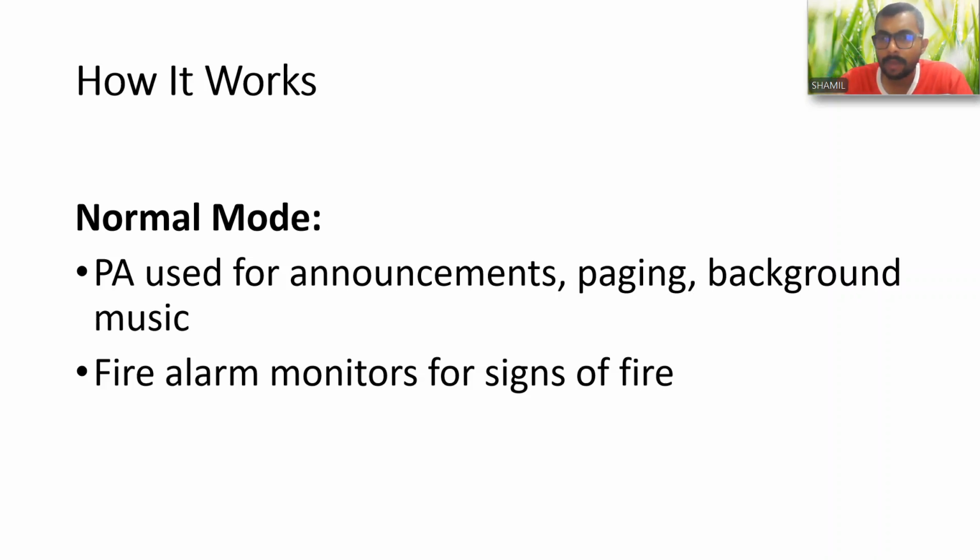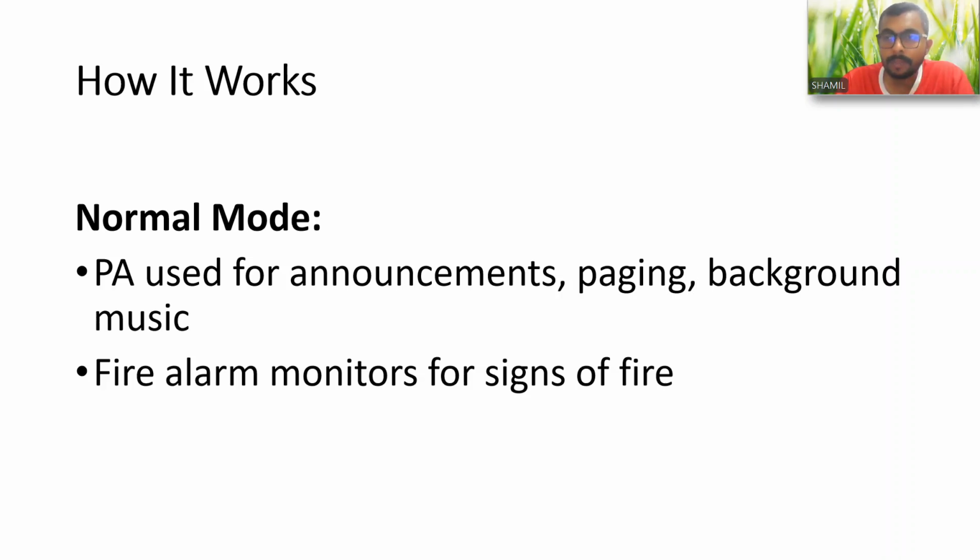It is also used for background music, in places like hotels, shopping malls, etc. Okay, so this is the public address side. Now, on the fire alarm side, the fire alarm control panel will be monitoring whether there is any fire, or any situation of emergency happening around the building. So this is the normal condition in both the systems.